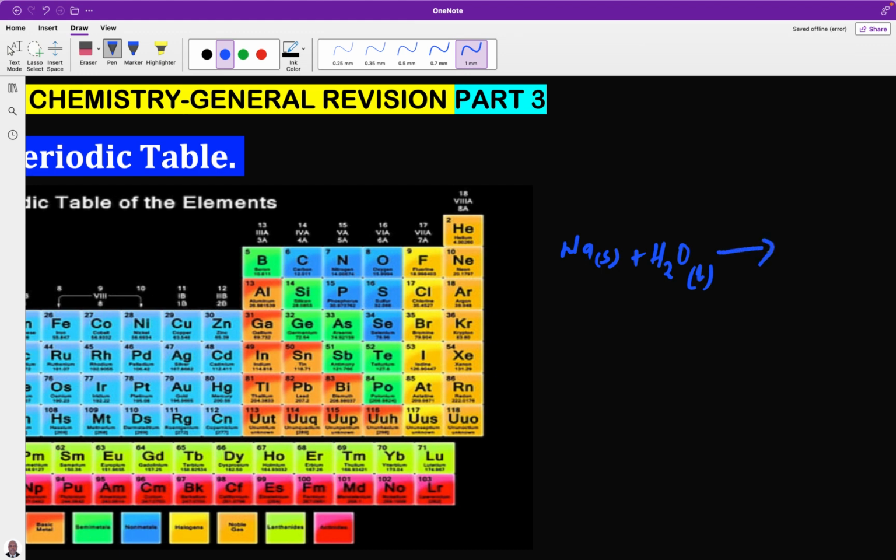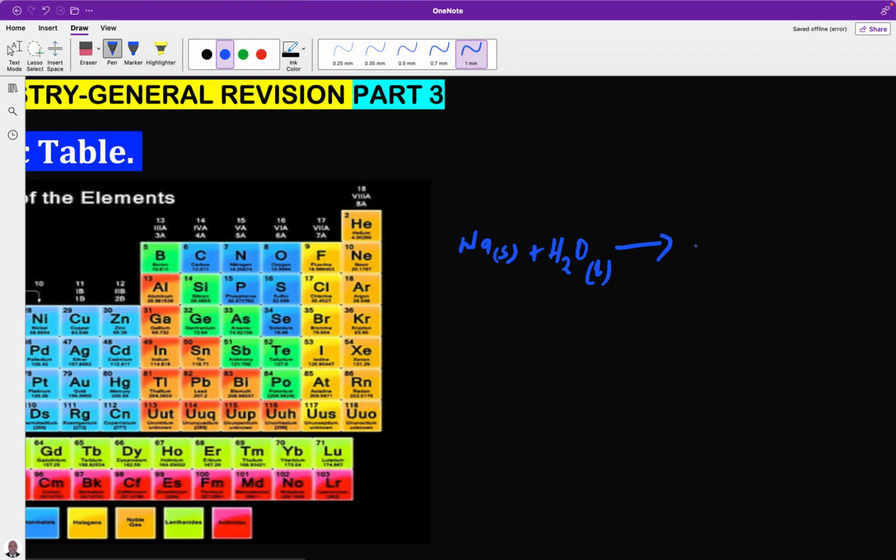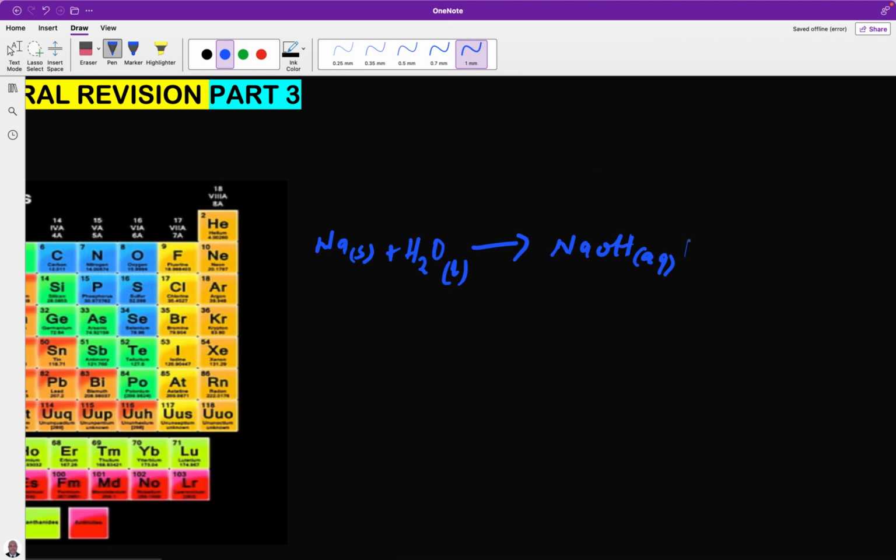What you will get will be sodium hydroxide, which is aqueous, plus a hydrogen gas that is being released.